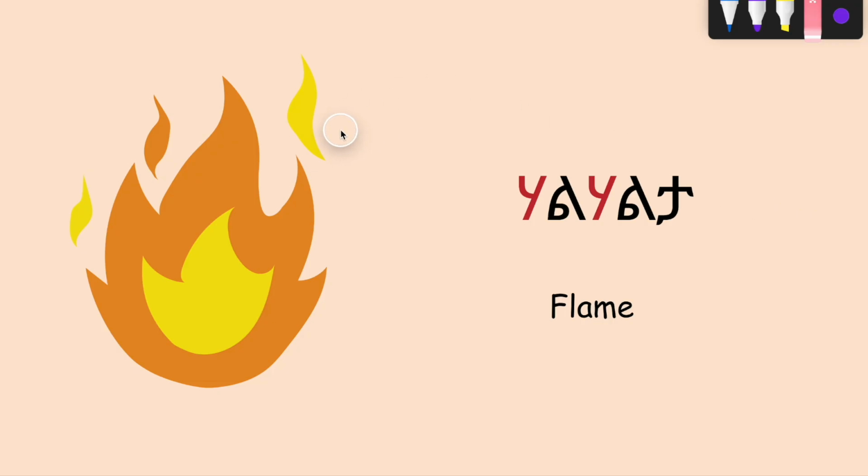It's not fire. It doesn't mean fire. Fire would be hawi. Hawi. But this is halhalta. Halhalta is like something that's burning, okay? Like flame. Halhal ilu, meaning like, oh, it's burning, okay? So don't confuse it. If you see fire, it's hawi, okay?